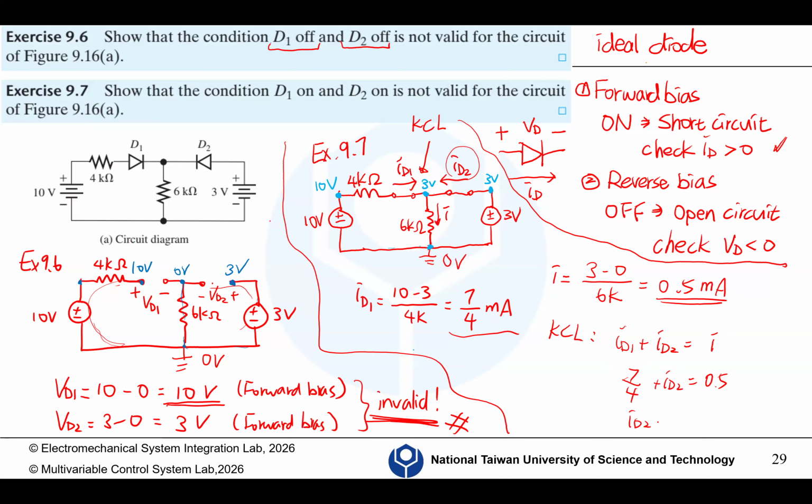So ID2 equals 0.5 minus 7 over 4, which is minus 1.25 milliamps. So this is invalid.